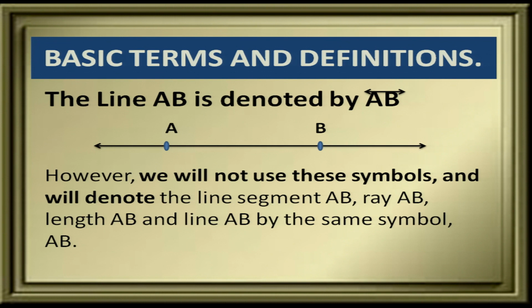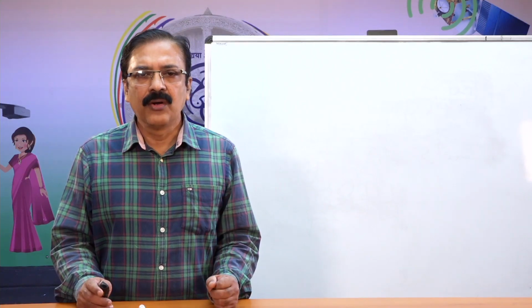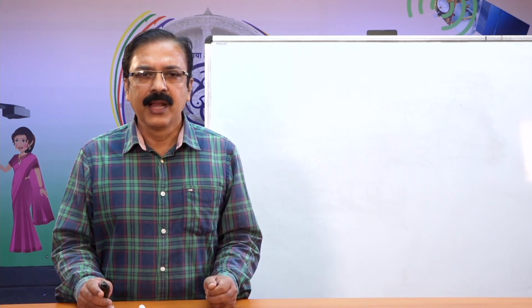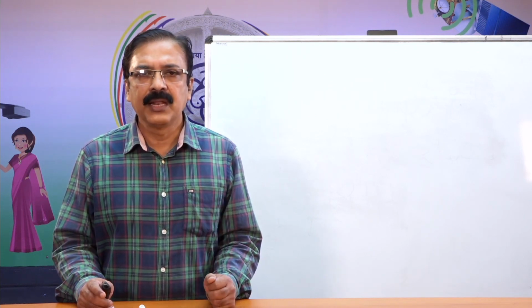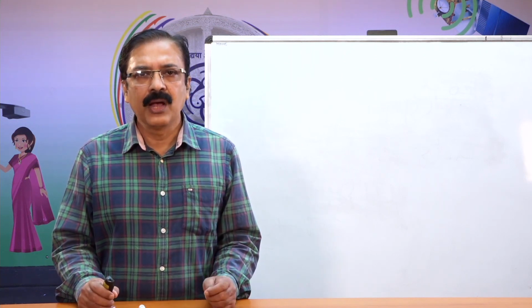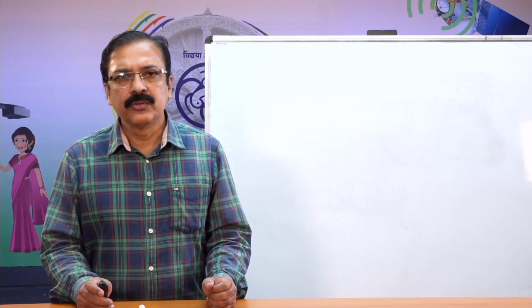We will not use all these arrowheads or bars, and will denote the line segment AB, ray AB, length of the line AB, everything will be written only as AB without any mark, because in the context it will be understood what it is, whether it is dealing with the line AB or a line segment AB or a ray AB, or it is the length of AB. Okay?